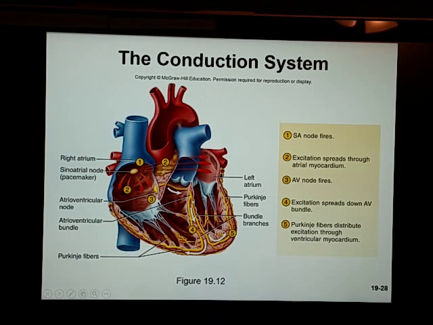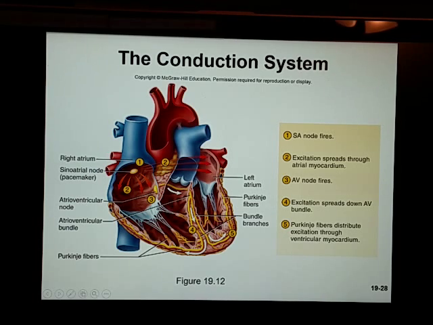nerve-like fibers. And at this point, we can see that we have the branching. We have the branching that goes along the right side of the heart, and we have the branching that goes along the left side of the heart. And in this area right here, this is termed the bundle of His.